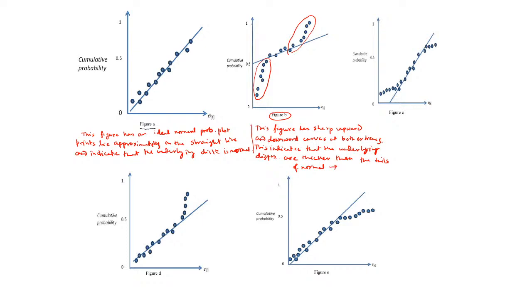This means this distribution is a heavy tail distribution. For example, heavy tail distributions are the log normal, Pareto, and logistic distributions.